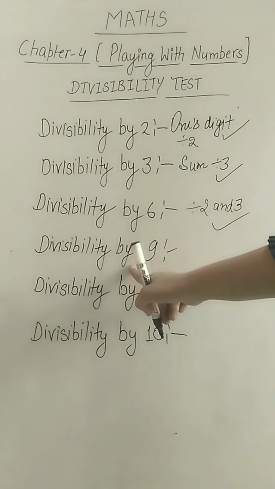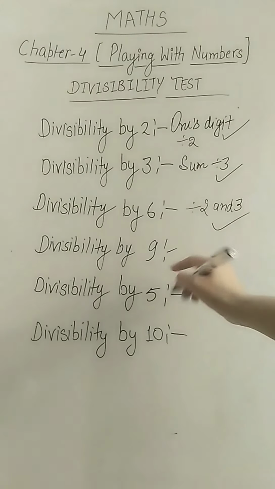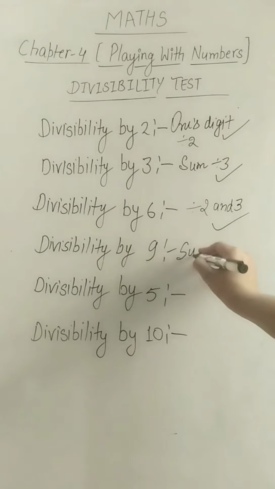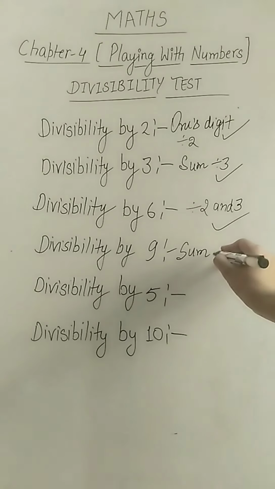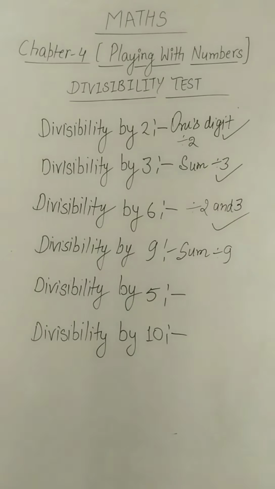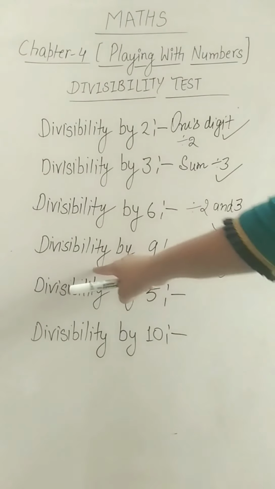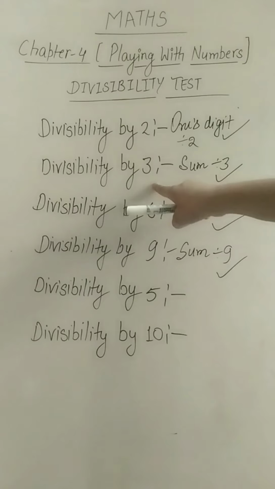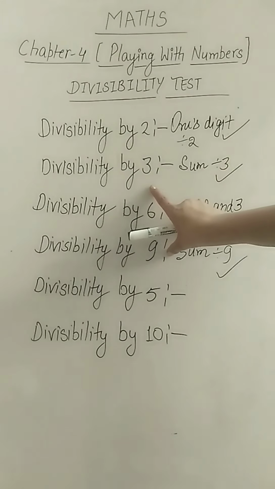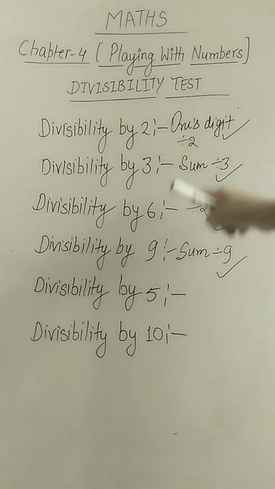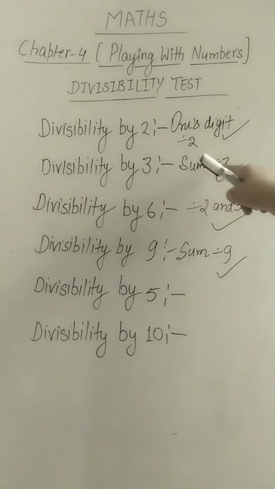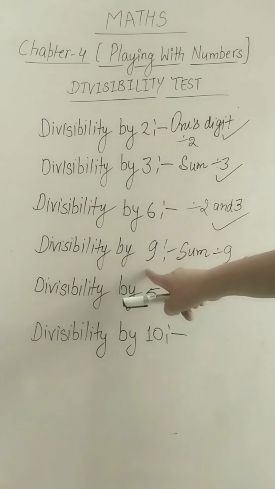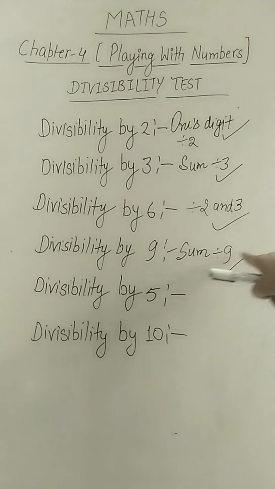In divisibility by 9, we have to check the sum. And if the sum is divisible by 9, then the number also. In both divisibility by 9 and 3, we have to check the sum. In 3 it is divisible by 3, in 9 it is divisible by 9.